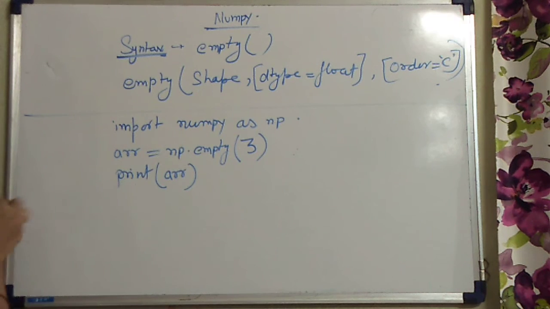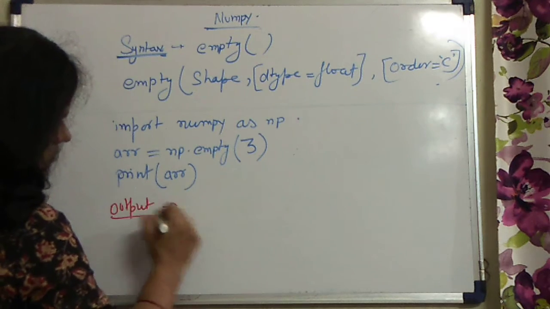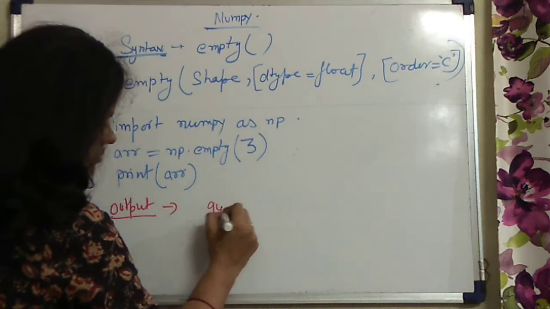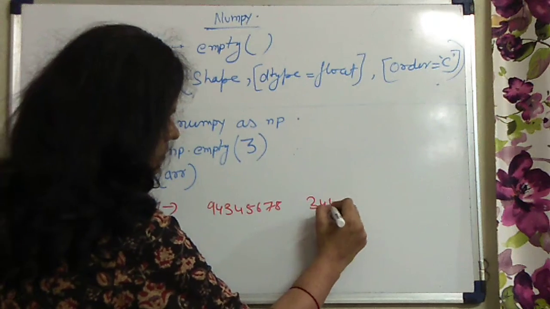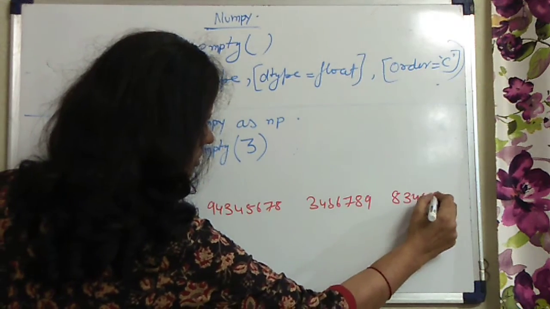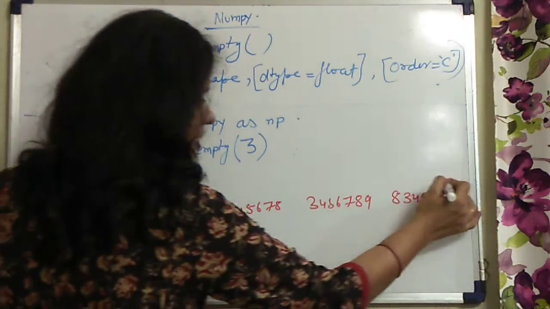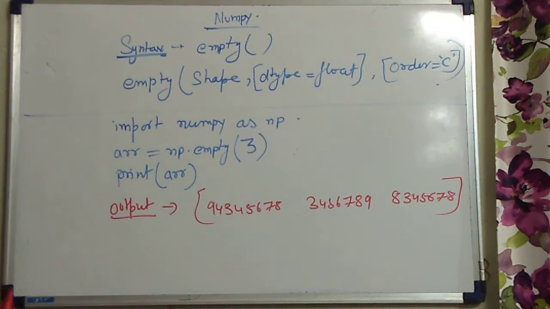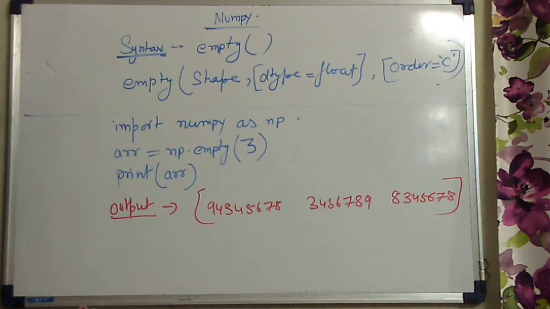So what output will you get? Now the question will arise in your mind: the empty function is used to create an empty array, then how are these values coming, right?